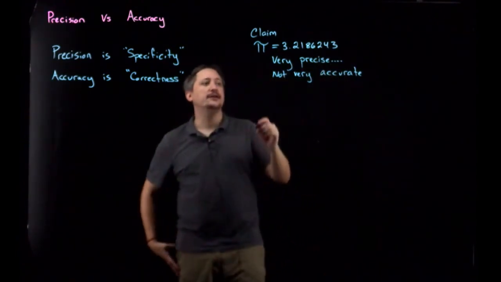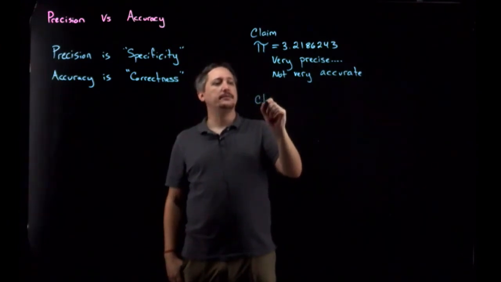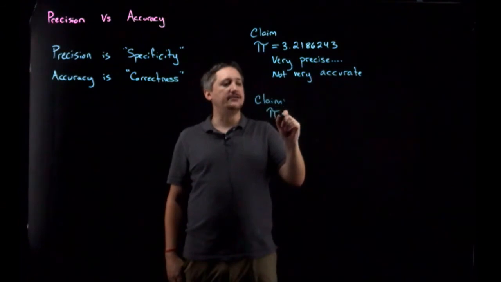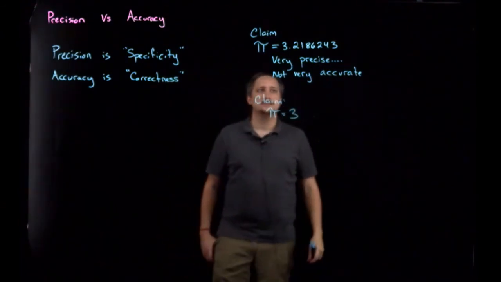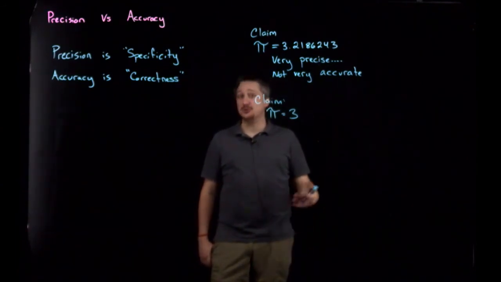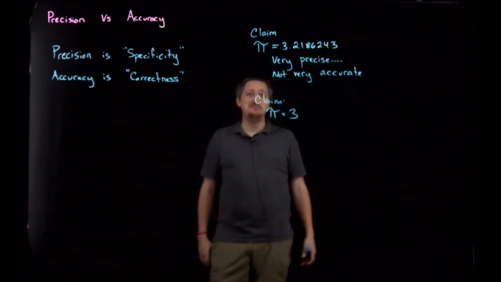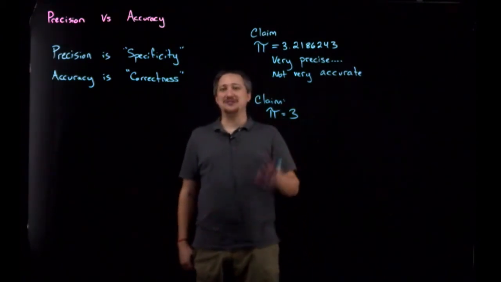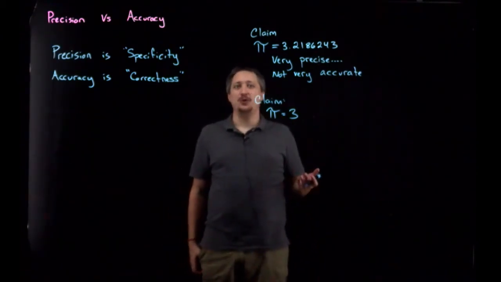Now, on the other hand, I could claim that pi is 3. Now, if I'm rounding to the nearest whole number, I guess that might be true, right? But it's certainly not equal. It would just be the closest whole number.